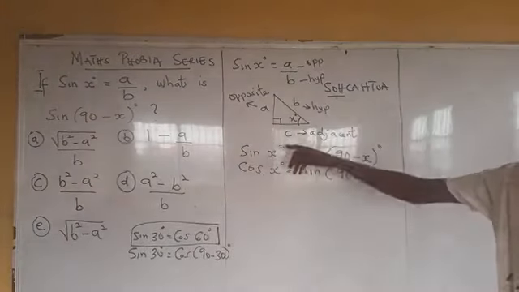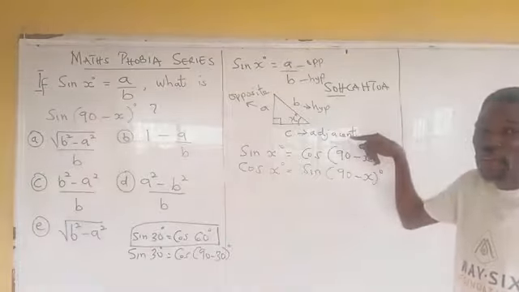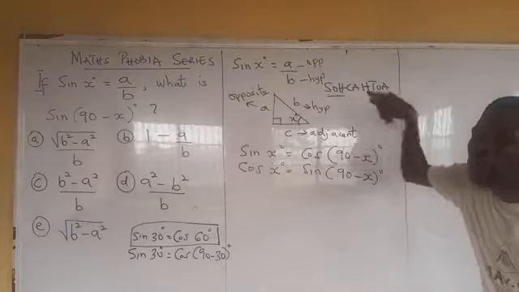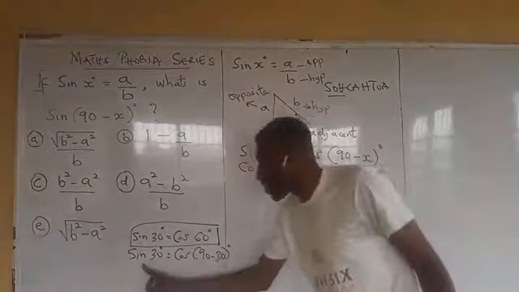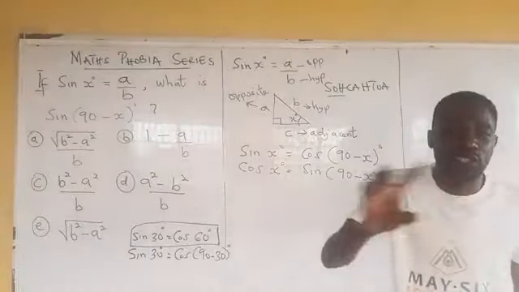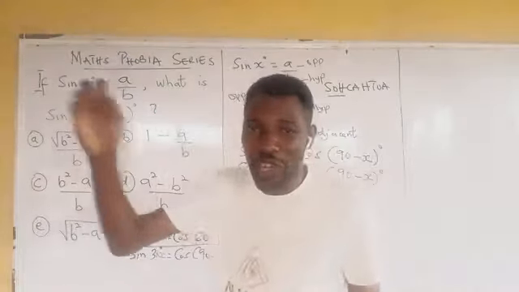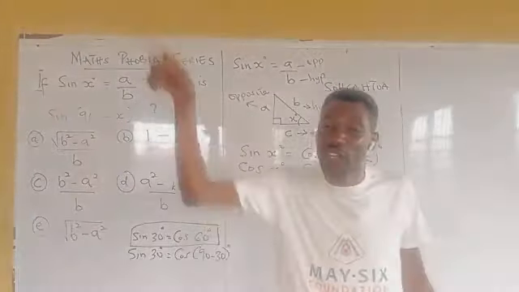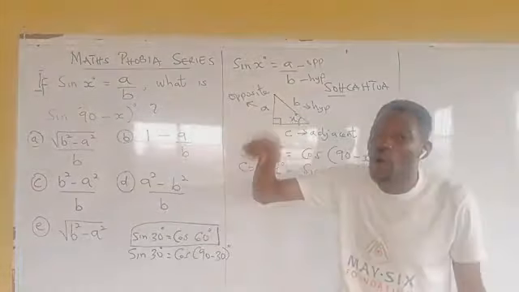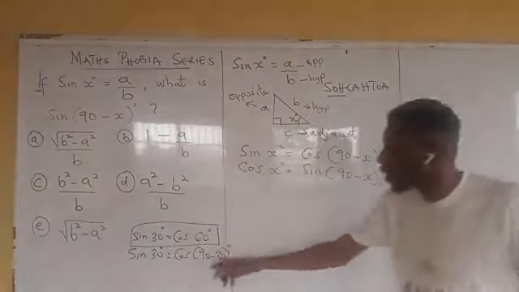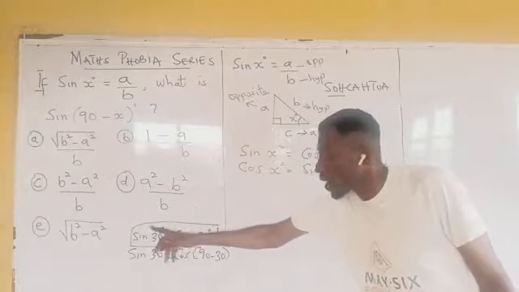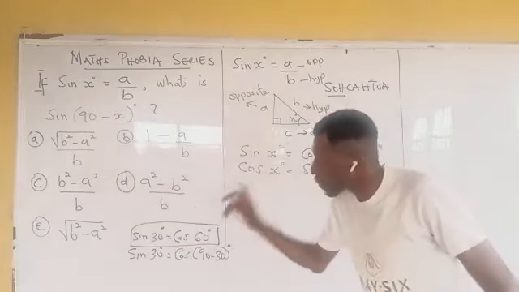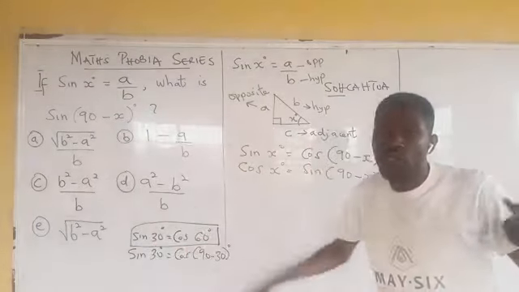So to find the sine of any angle, find the cosine, but the angle you are going to use will be 90 minus 30. So sine 30 and cos 60 are the same. Sine 30 degrees is 0.5, and cos 60 degrees is 0.5. Not cos 30, but the cosine of 90 minus the angle.